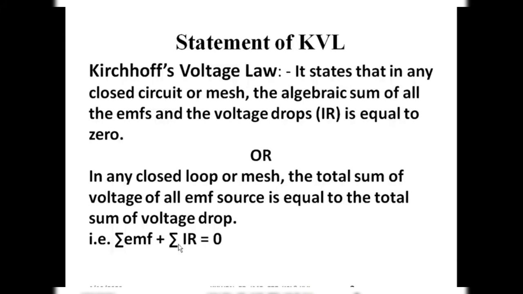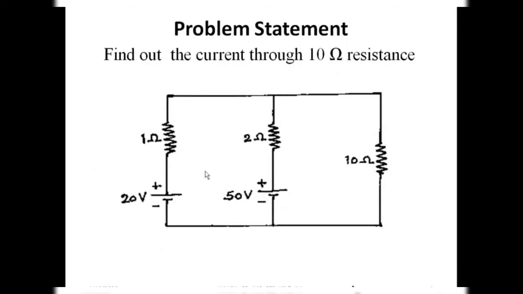That means the summation of the EMF of all battery sources plus the summation of the voltage drop across all resistances will be equal to 0. This is the statement of KVL. Now, how these are implemented to solve the numerical, that we will now discuss.